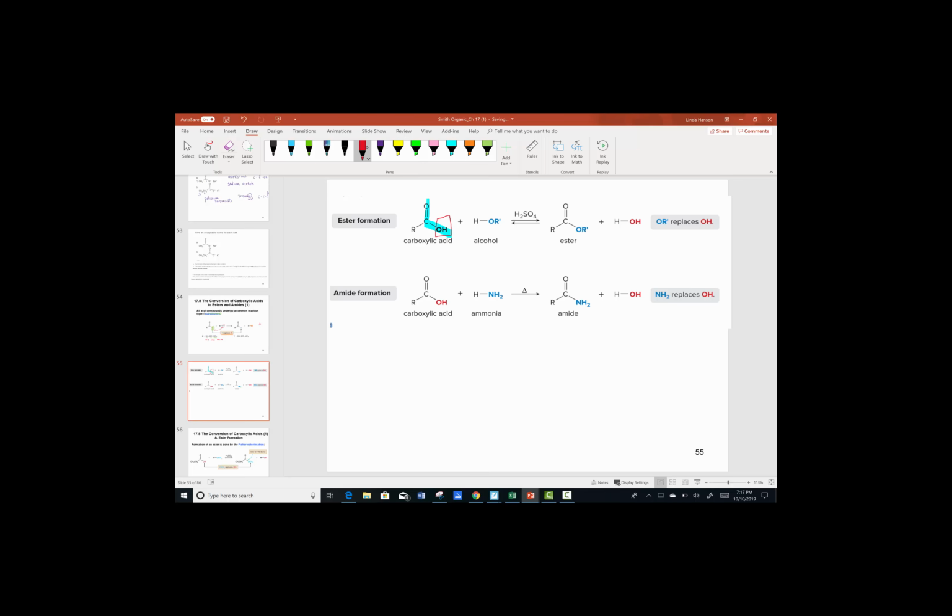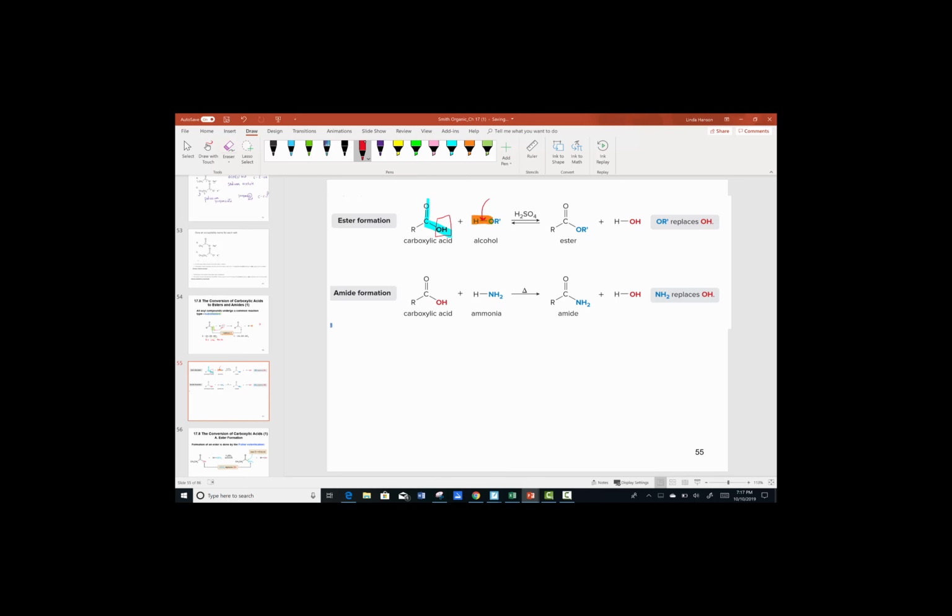And this time when we react it with an alcohol, the alcohol functional group we know is that hydroxyl group. The hydroxyl group we want to emphasize is the OH bond that is going to be broken, and that is the form where the OH and the OR will exchange places.